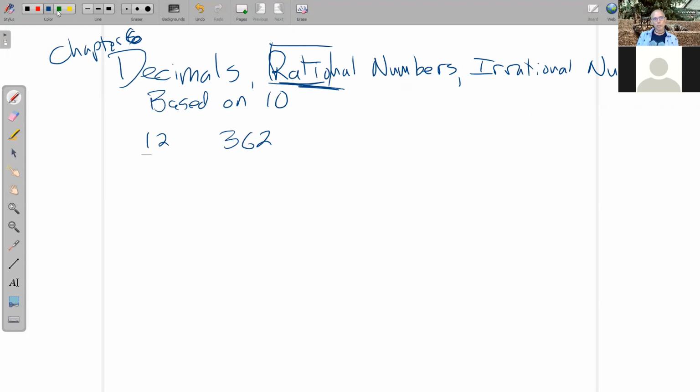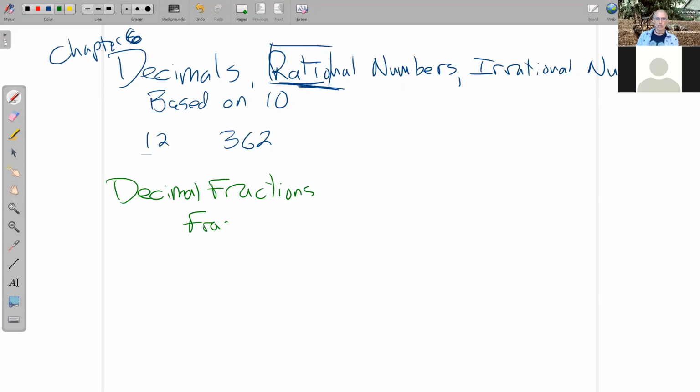And what we're really jumping into this chapter is what are called decimal fractions. That is the correct term for them. And decimal fractions are just fractions with only tens in the denominator.